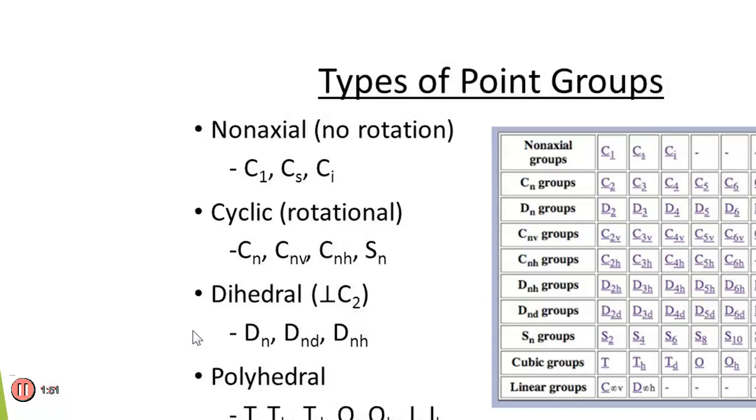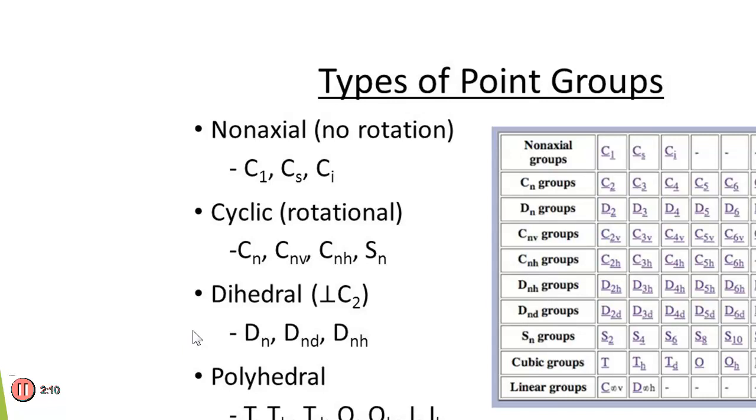Then O, Oh are octahedral point groups, and I is icosahedral. And we have two more point groups that belong to linear: C infinity v and D infinity h. We can look at the chart given below and find the different types of point groups.